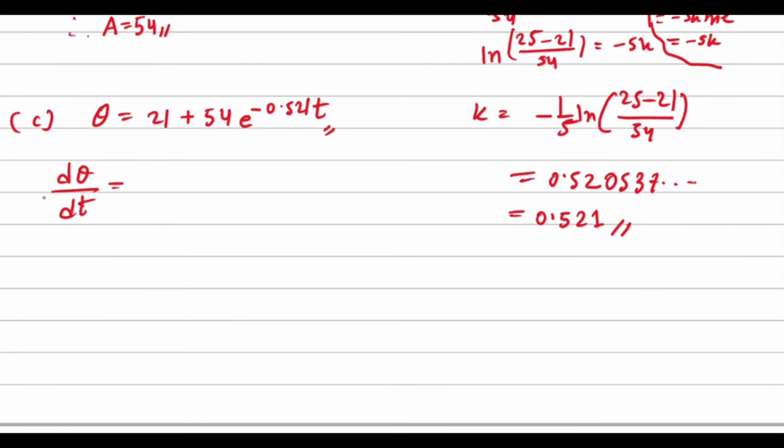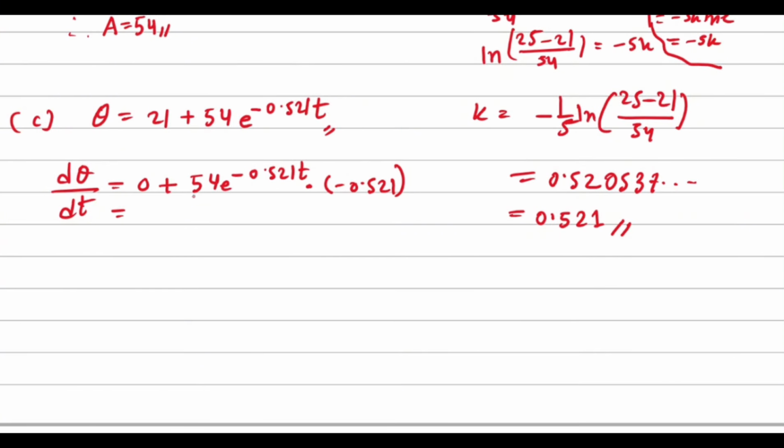So if we find d theta by dt, we find that d by dt of 21 would be equal to 0 plus d by dt of 54 e to the power of minus 0.521 t, which would be equal to 54 into e to the power of minus 0.521 t into the d by dt of minus 0.521 t, which would be equal to minus 0.521.